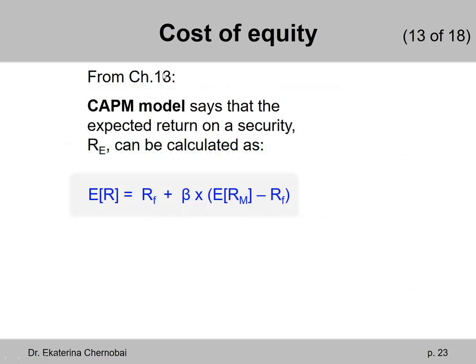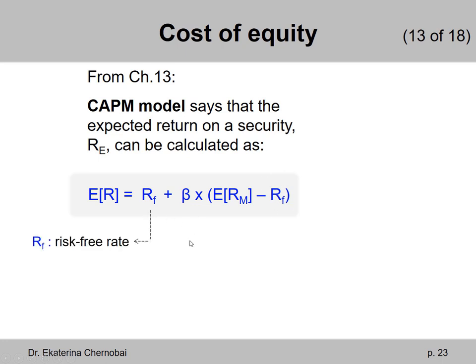So from chapter 13, to calculate the return on stock investment, we take the risk-free rate, RF, and then we add the beta for the stock, the measure of the stock's systematic risk, multiplied by the difference between the expected return on the market portfolio and the risk-free rate, RF.